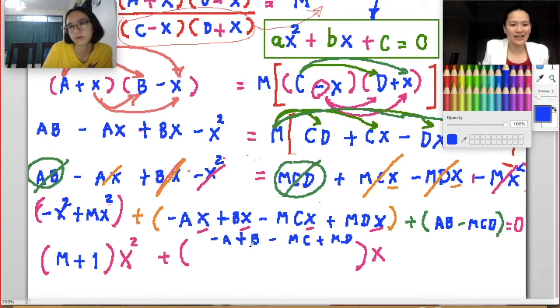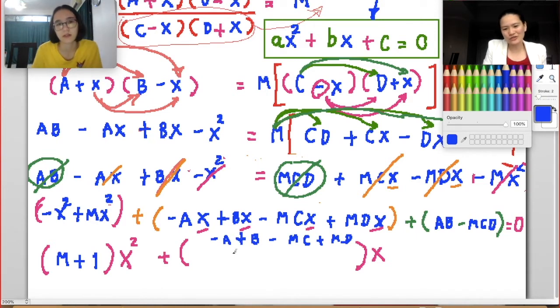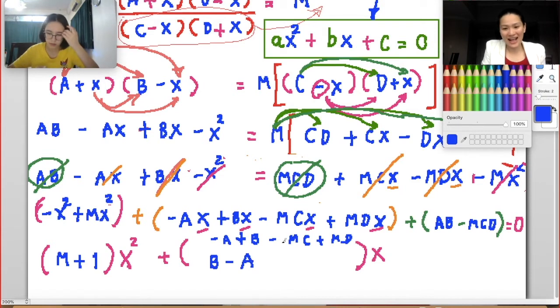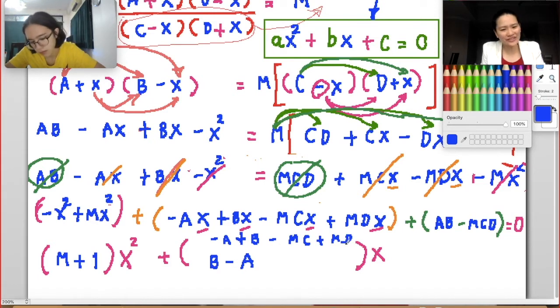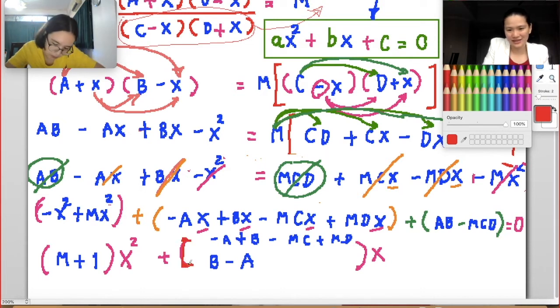Okay, after that, I see the bx before, I would like to put b before minus a. So then b minus a. And can you see this one? This one is like minus mc plus md. I'm thinking about this one, and I thought, why not put something different like this. Here, look at the big bracket.